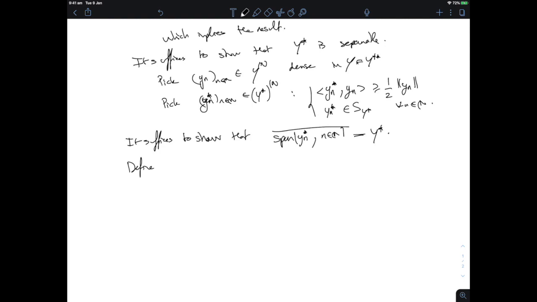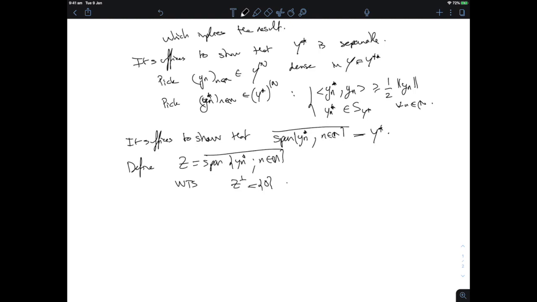Well, you define, let's say, Z to be the span of the yn star, okay, and we need to show that the perp, actually, sorry, the closure of that, and then we need to show that the perp of that is 0, right? We've seen before that this would imply density.